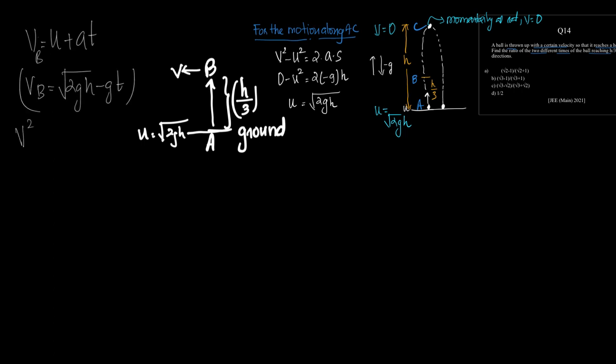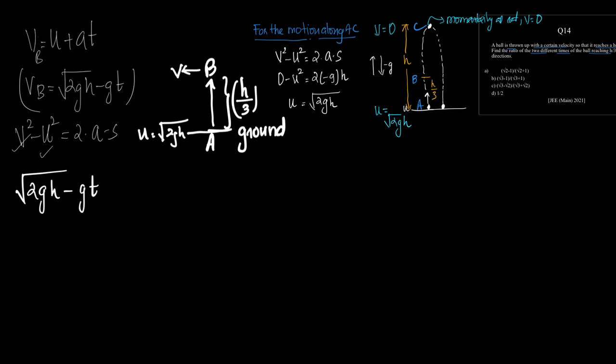Then we can also use v square minus u square is equal to 2 into A into S. Let us try both the methods. So we have v is equal to root of 2gh minus gt.